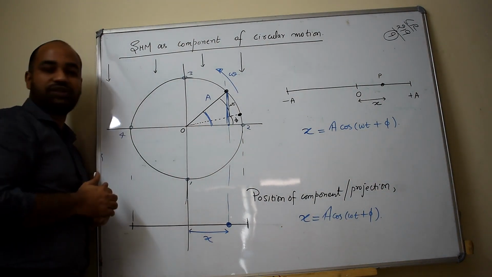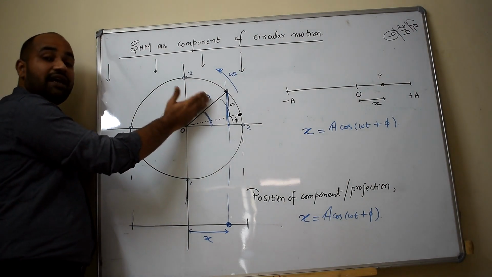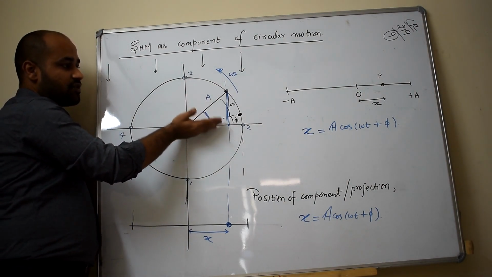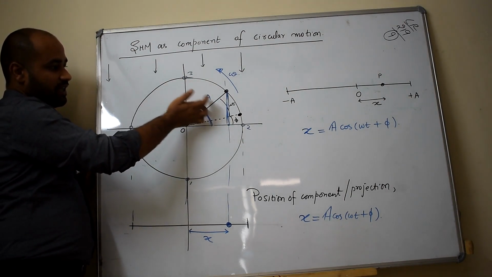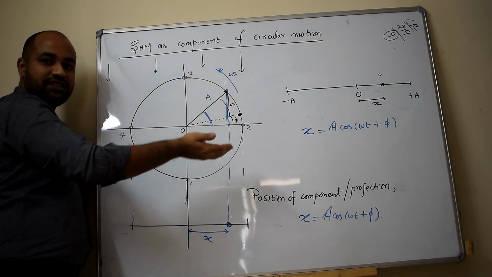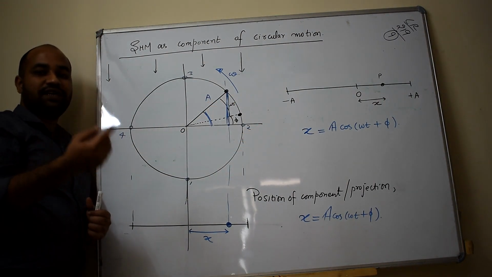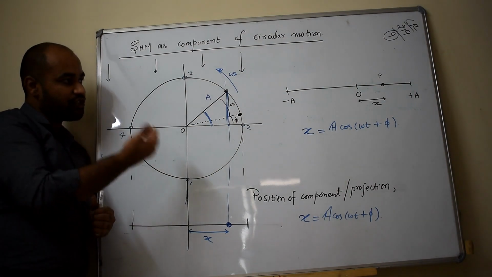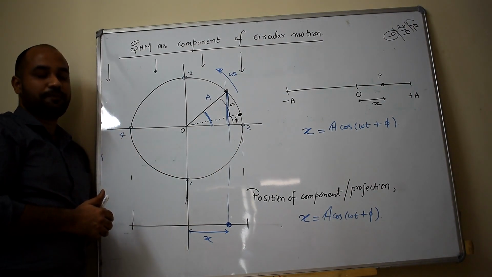However, on the circular motion, you can easily visualize this phase omega t plus phi. It's simply the angle that the particle has rotated with the x-axis. So as the particle rotates on the circle, the angle it makes with the x-axis changes, so the phase in the oscillation changes. So the first advantage is that you can visualize the phase of the SHM using this representation.